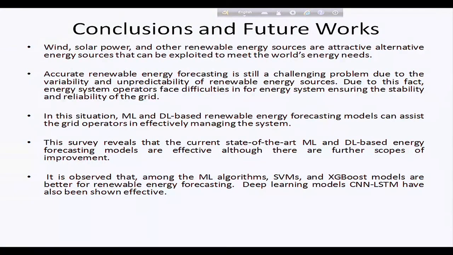Now, in conclusion, I just want to mention a few words. Whenever AI is applied in any sector, initially it will lead to joblessness. Somebody will lose the job.